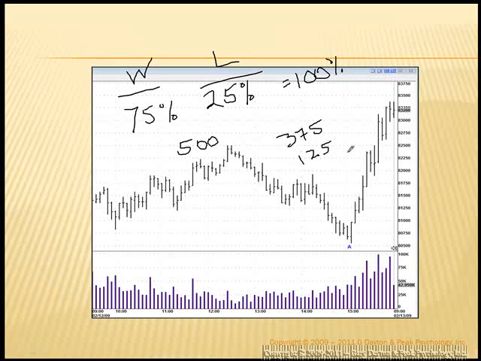And let's say that we are making, we'll just make it easy, 3 points every time we win, and when we lose, let's say we're losing 1 point. So it's a good expectancy here as well. And we're just using American dollars here, then we're going to win 1,025 on our wins.